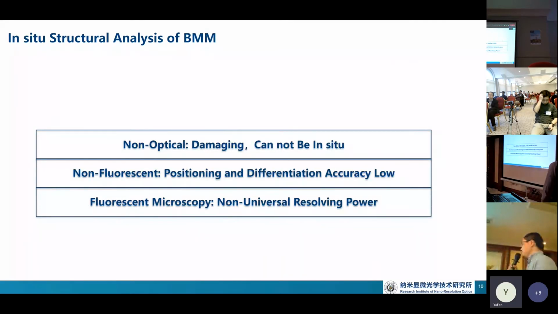So the situation for now is that there are techniques for imaging this process. There are non-optical imaging methods, and also some other imaging methods, which all have different kinds of limitations.